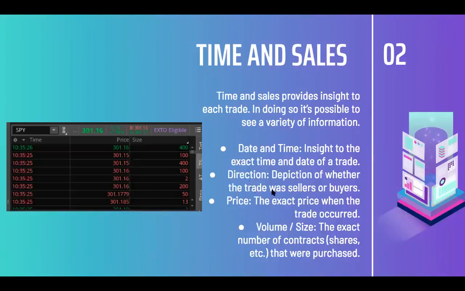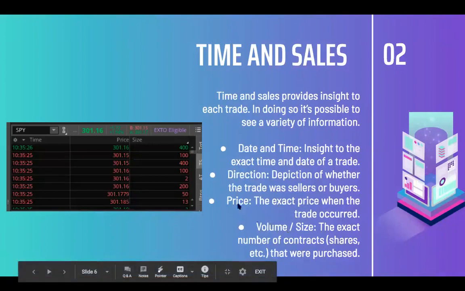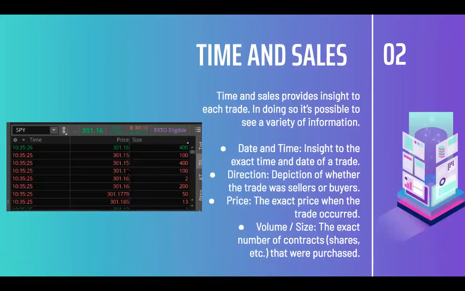Direction, it gives us a depiction of whether the trade was sellers or buyers. Price, the exact price when the trade occurred. It gives us volume, size, this will be over here in this column here. The exact number of contracts, shares, etc. that were purchased.